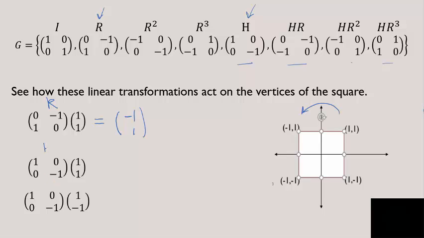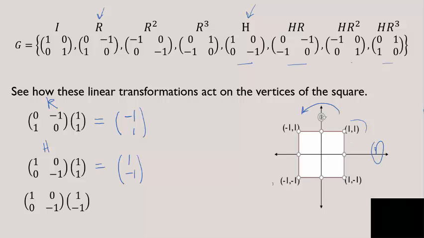Here is H. Let's see how H acts upon the point (1, 1). Again, this vertex. If I multiply the matrix times the vector here, I get (1, -1). Well, that is true.